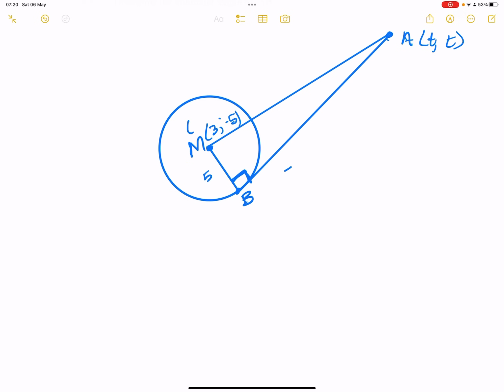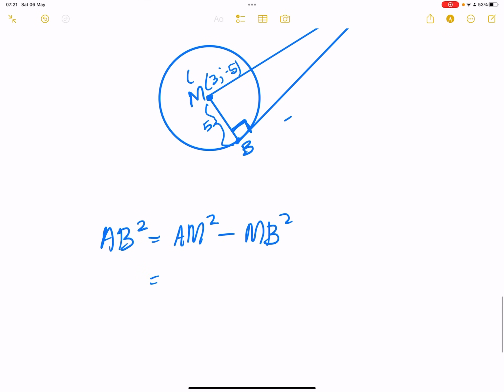AM squared, the square of the hypotenuse, would be equal to MB squared plus AB squared. But because I'm looking for AB squared, it is going to be AM squared, the hypotenuse, minus MB squared, which is that distance there. So let's do that quickly.